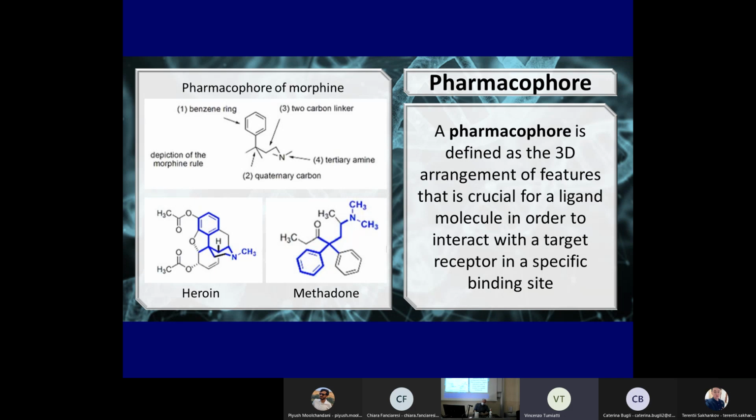There is an important term used in medicinal chemistry as in pharmacology: the word pharmacophore. Pharmacophore is the minimum chemical structure able to give a particular biological activity.